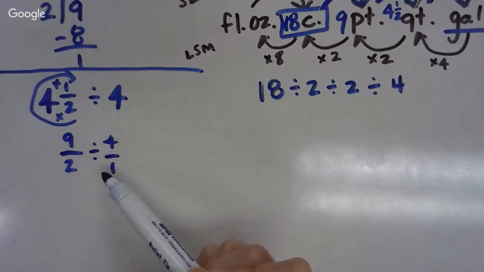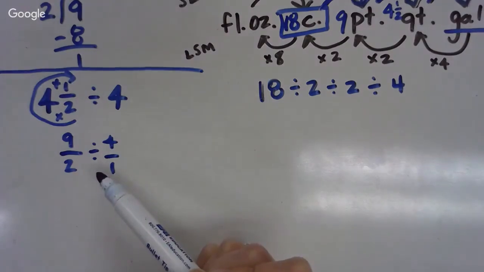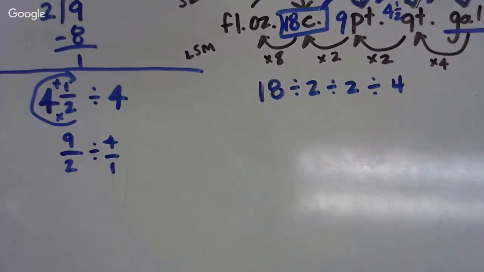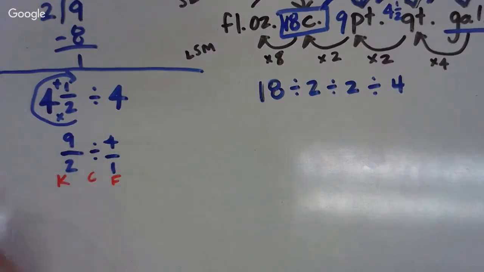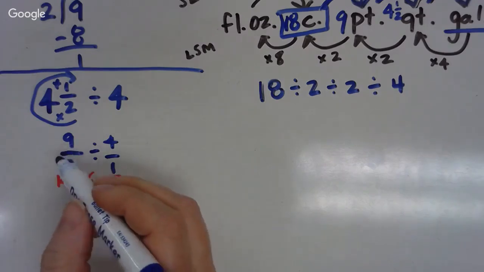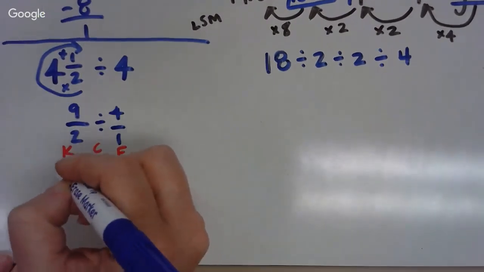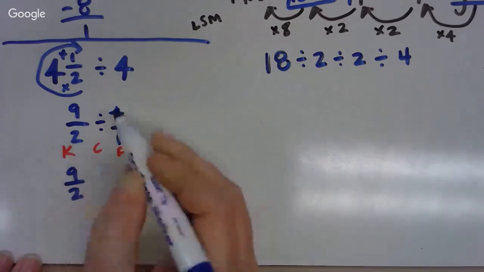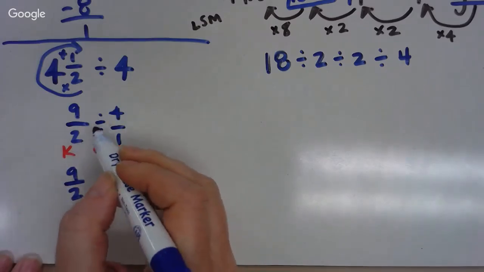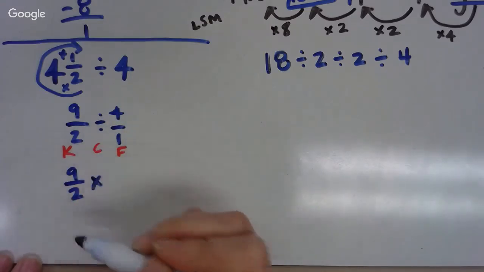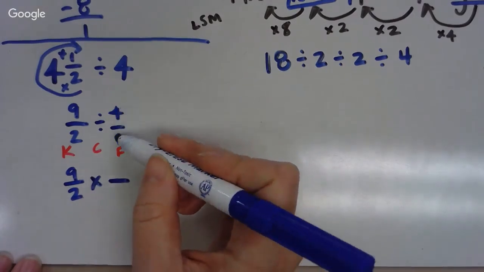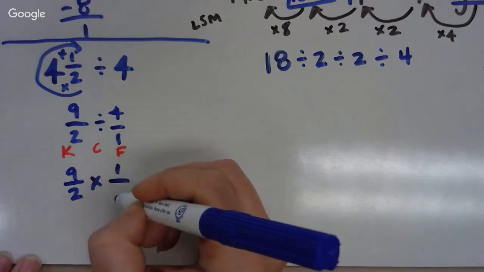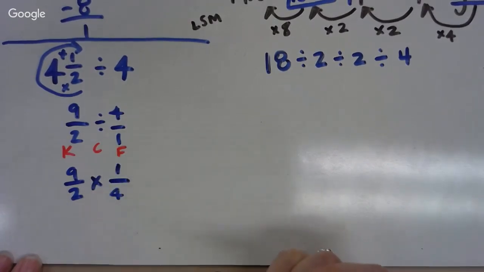Now, since this is fraction division, we're going to use our trick of keep, change, flip in order to turn this into a multiplication problem. I keep my 9/2 the same. I change division to multiplication, and then I flip or invert 4 over 1 into 1 over 4.